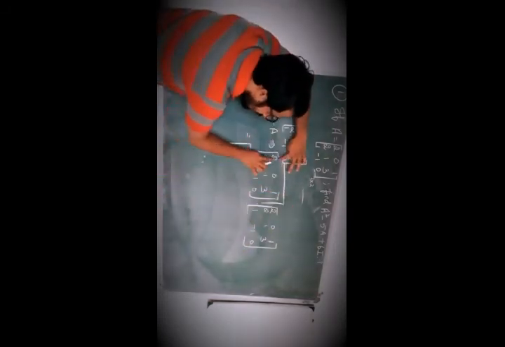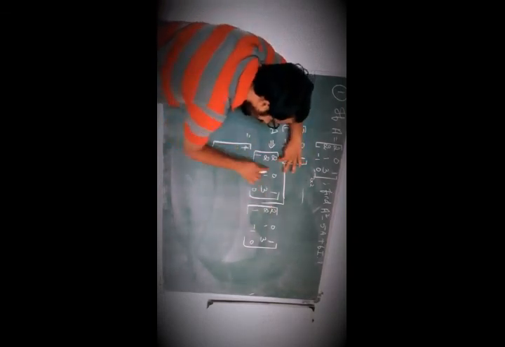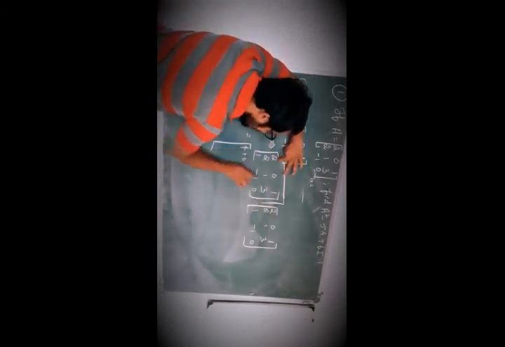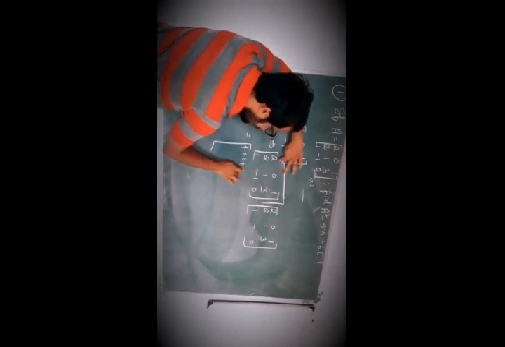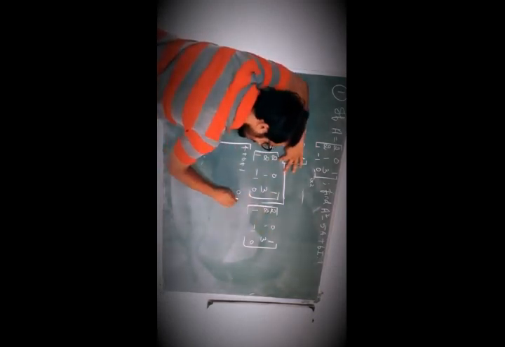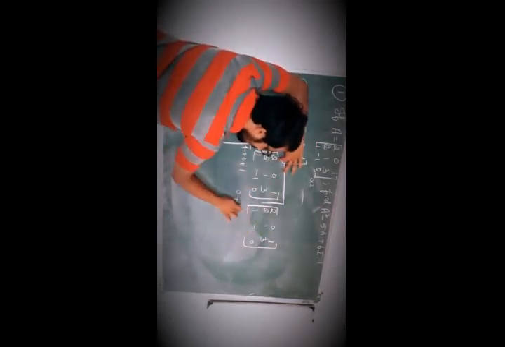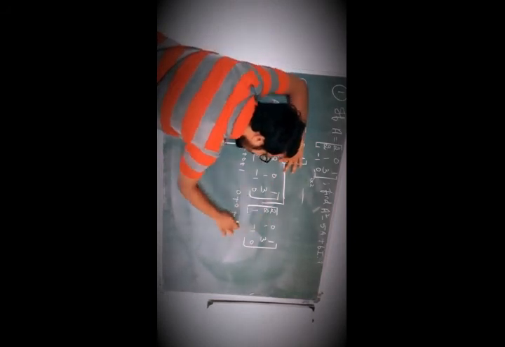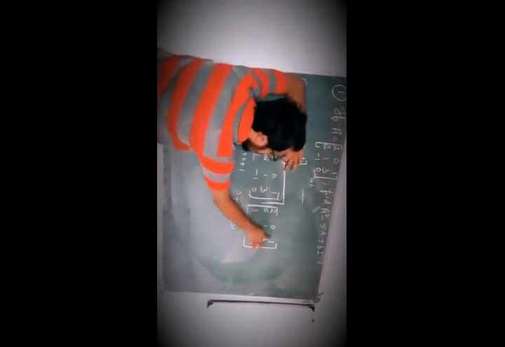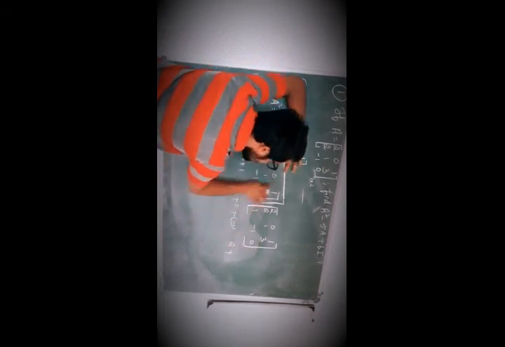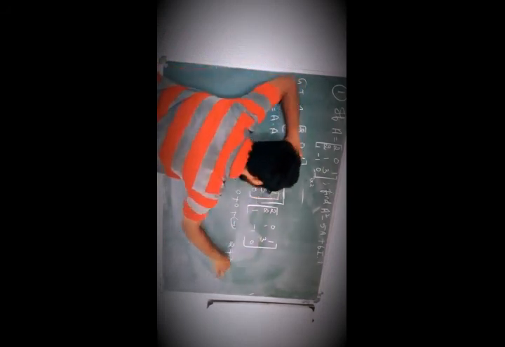So now listen here. 2 into 2 is 4, plus 0 into 2 is 0, plus 1 into 1 is 1. Now 2 into 0 is 0, plus 0 into 1 is 0, plus 1 into minus 1 is minus 1. 2 into 1 is 2, plus 0 into 3 is 0, plus 1 into 0 is 0.